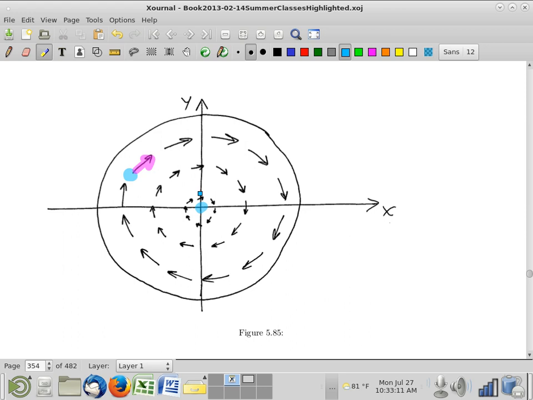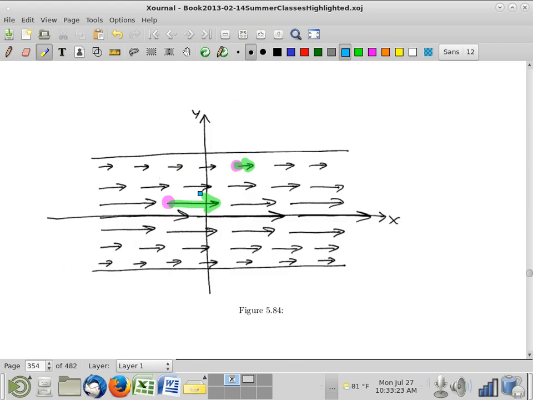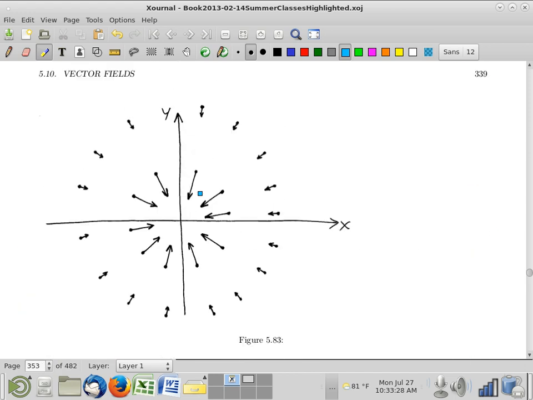So make sure to spend some time thinking about how this vector field is representing the flow of paint in a paint can, or the flow of water in a river, versus how in this example a vector field, mathematically identical, with every point having a corresponding vector, represents a very different physical object, namely the gravitational force at points near a mass.